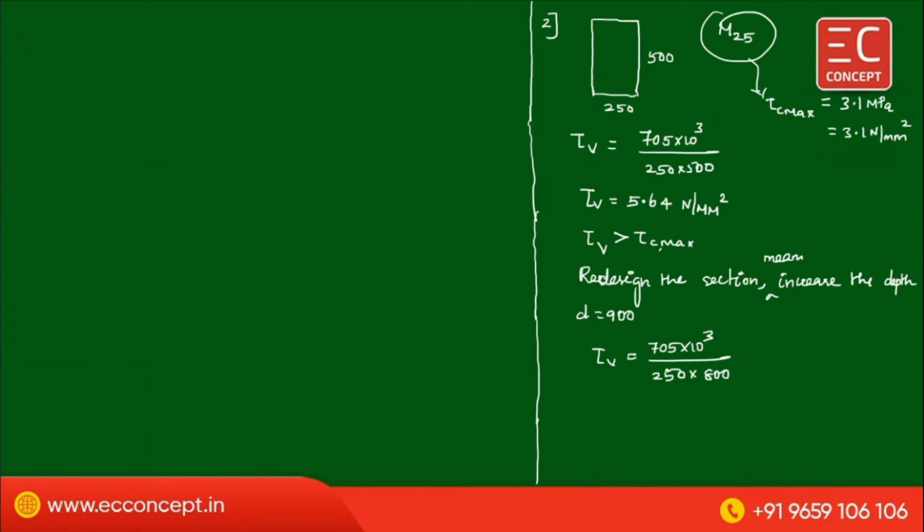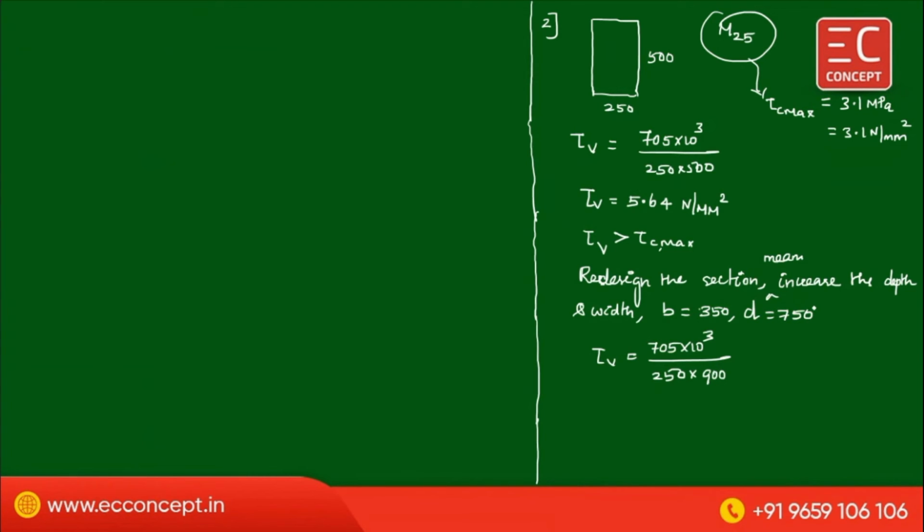Let me check for a 900 section. Actually it's 900 and all, this is a deep beam, but just for the sake of understanding I am giving it as an example. So 705 divided by 250 into 900. So it's 3.1 now. What I can do is change the breadth and depth somehow. Increase the depth and width. Let me take B is equal to 350 and D is equal to 750.